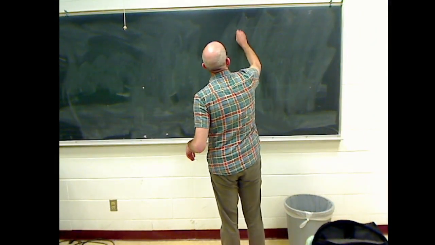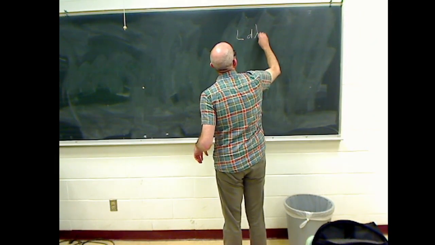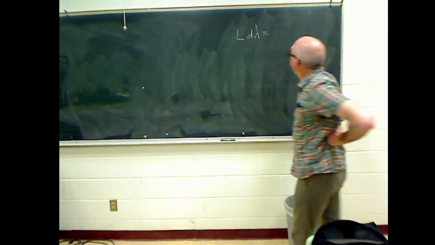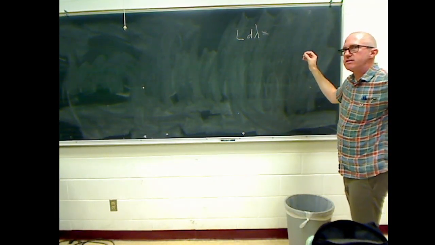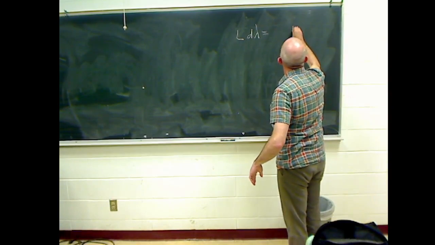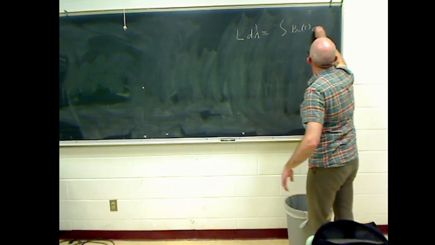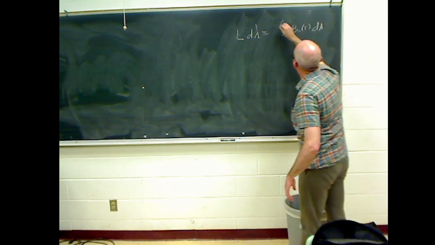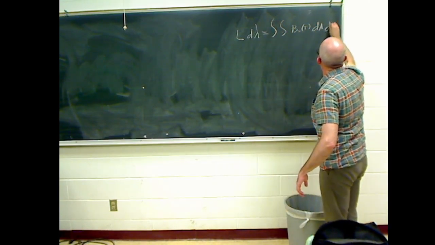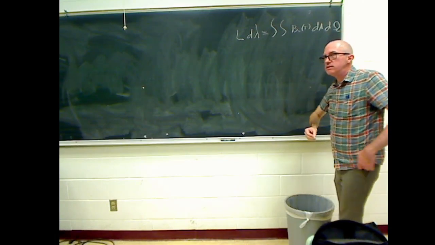So he defines this thing that he calls the monochromatic flux. And it is the black body integrated over area and integrated over solid angle.